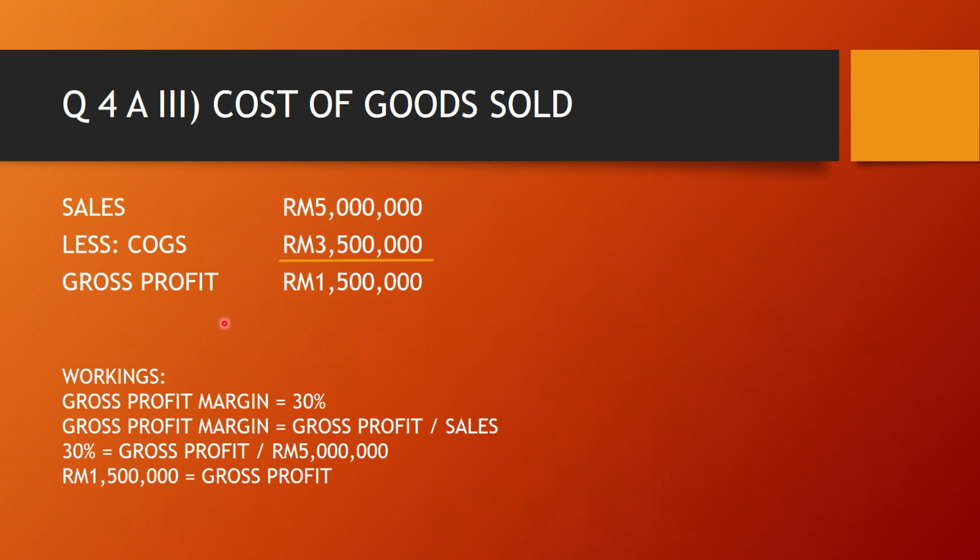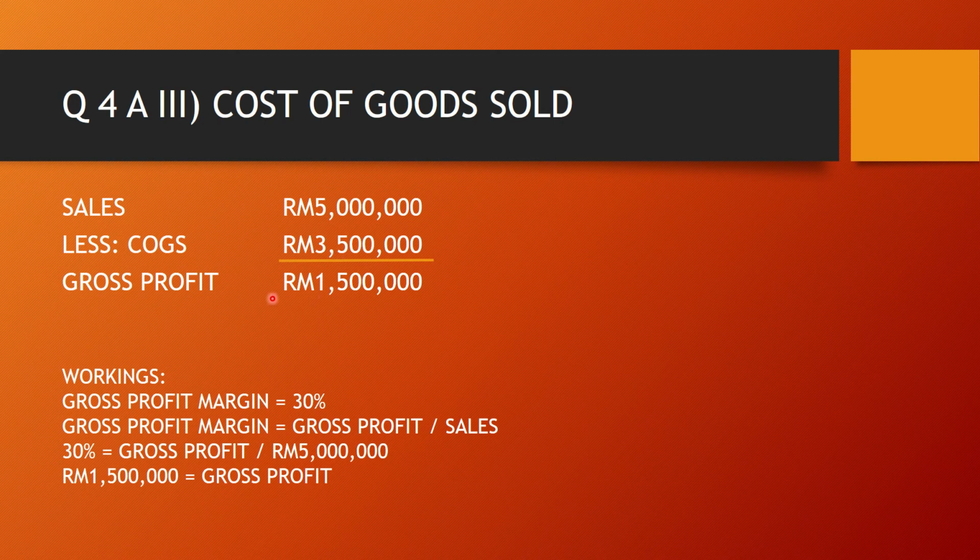Question 3. Calculate the firm's cost of goods sold. This amount can be found by using this equation: sale minus cost of goods sold, we arrive at gross profit. The amount for sale is given. The amount for cost of goods sold is not given. The amount of gross profit is also not given.